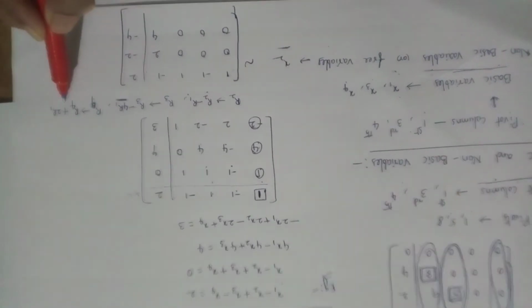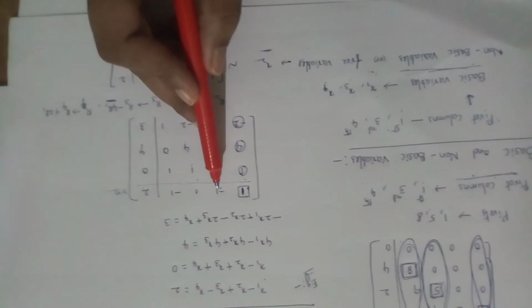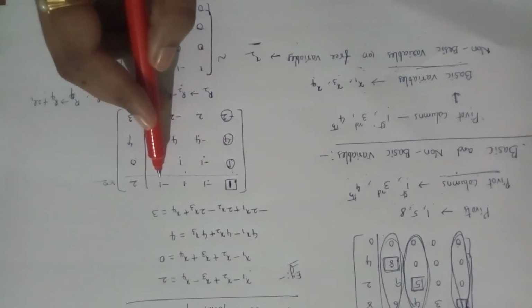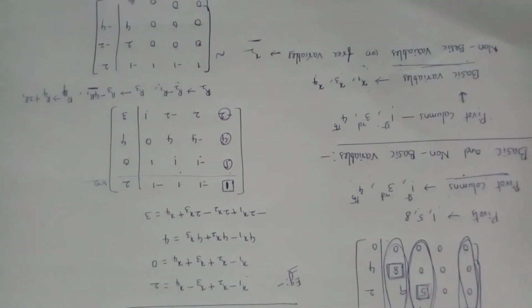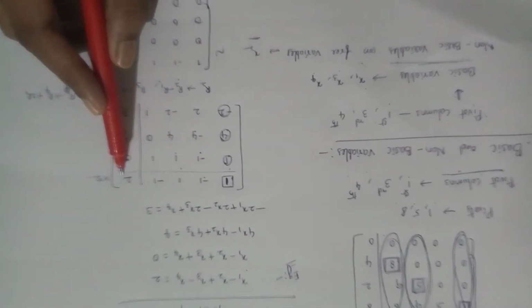And next R4 plus 2R1: we multiply R1 by 2 and add it to R4, so minus 1 plus 2 is 1, minus 2 plus 2 is 0, 2 minus 2 is 0, minus 2 plus 2 is 0, and 1 minus 2 is minus 1.